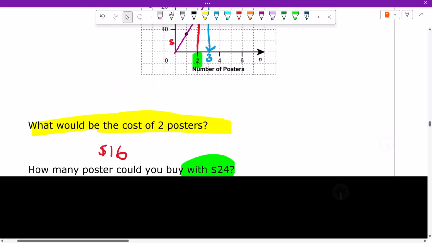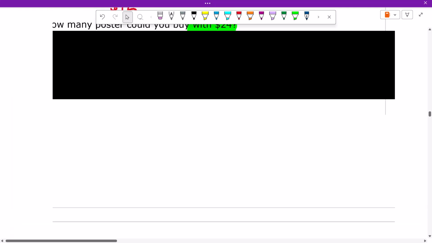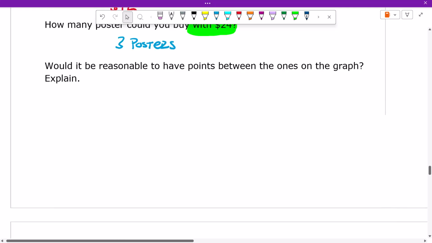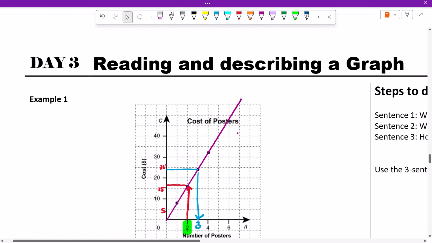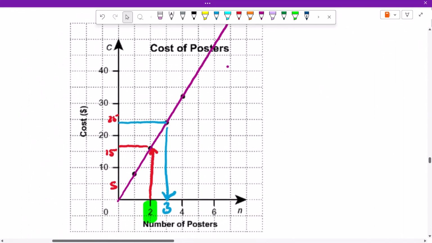So now, the next part of this question is something that gets asked to you in grade 8, grade 9, and grade 10. So this line here represents all of the combinations that you could buy posters and figure out how much money it is. Right? So I go from here and read the value for 4 posters.